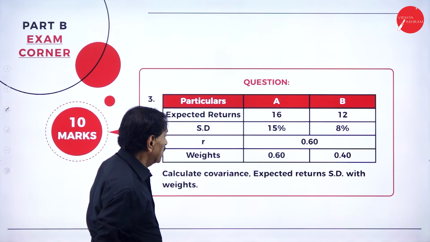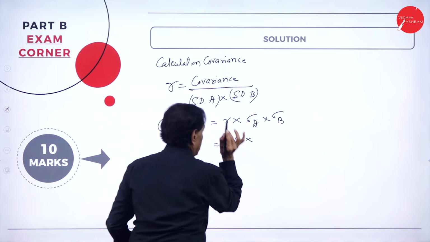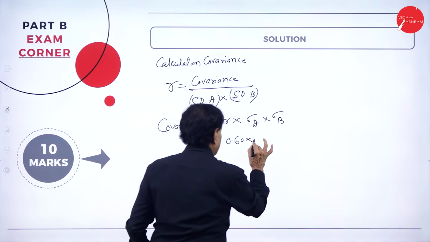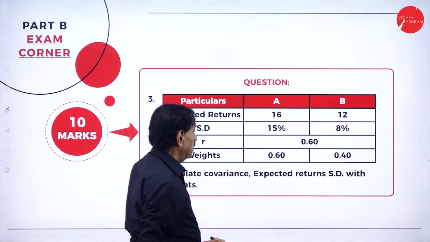What's your R? 0.60, into what is your standard deviation A? 15. What's your standard deviation B? 8.